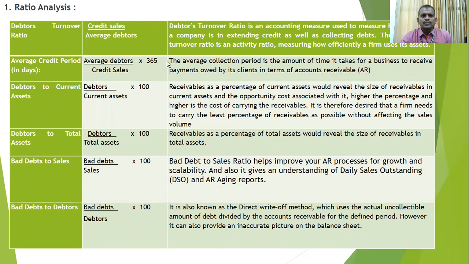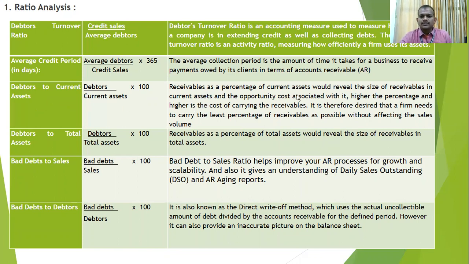So, next one, average credit period. So, how much time it takes to collect the amount from the customers or debtors. And next one, debtors to current assets ratio.